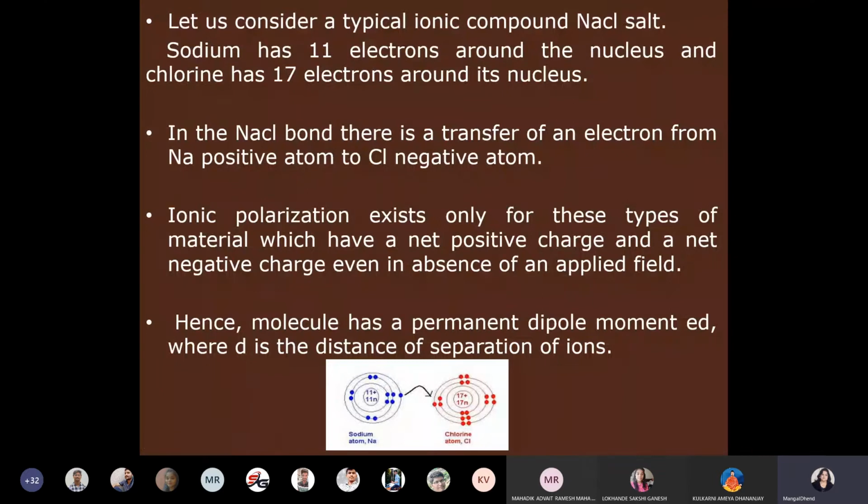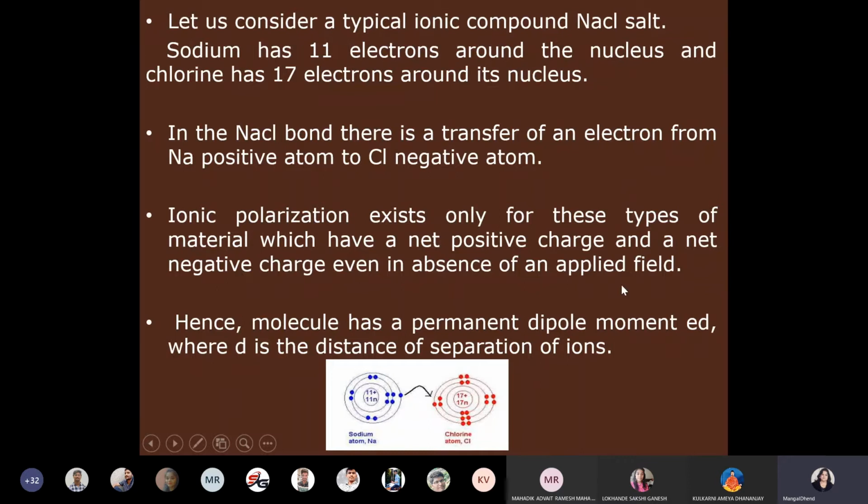So what is the created polarization? Only the dipole moment, charge into x, because charge into d was already there. So it just enhances from d to d plus x. Just read it. In the NaCl bond, there is a transfer of an electron from the sodium positive atom to the chloride negative atom.